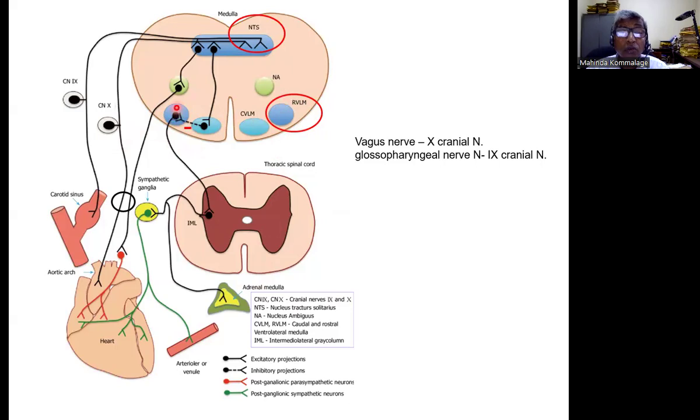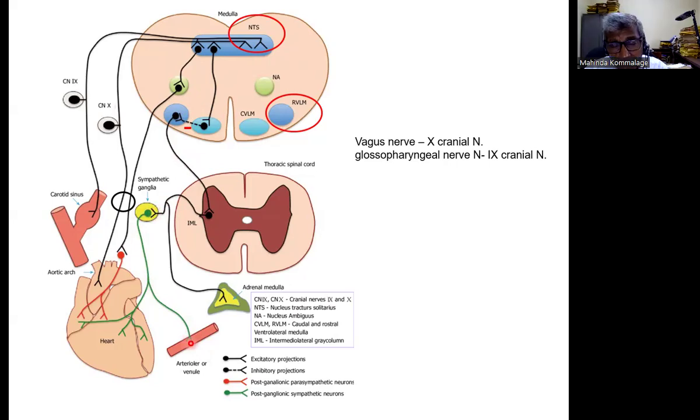From RVLM, you can see the impulse or neuron will go to the spinal cord, from the spinal cord to the sympathetic ganglia. You know, there is a chain of sympathetic ganglia, and from RVLM the sympathetic outflow will go to the sympathetic ganglia. From there it will go to the heart and to the blood vessels. When this place is stimulated, it sends impulse through this pathway to blood vessels.